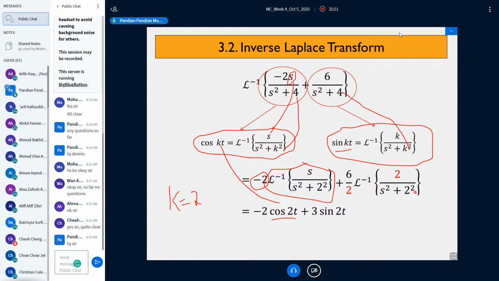Now this one: there is a k of 2, so you must put 2 here, and then the 6 is outside, so you must divide by 2. Of course, you can put 3 straight away, but here they show the 3 in the last step: 3 sine 2t. So 6 over 2 is 3, and 3 multiplied by 2 is 6, you get back this. But you have to modify this according to this formula, sine kt, sine 2t. So this is your final answer. If you put other than this, your answer is incorrect.